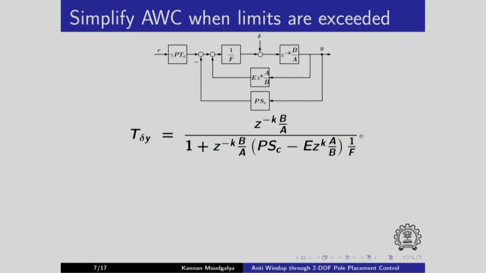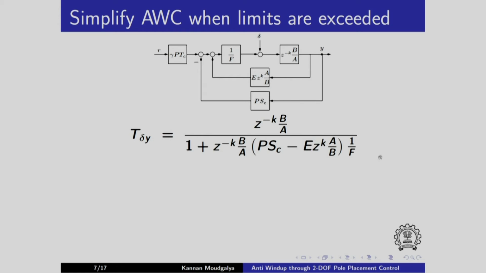It is very easy to explain this. The forward transfer function is given here, z to the power minus k into b by a, that is the forward path. In the backward path, what you have is 1 plus, because of this minus sign here, and then you have to multiply the 3 gains.